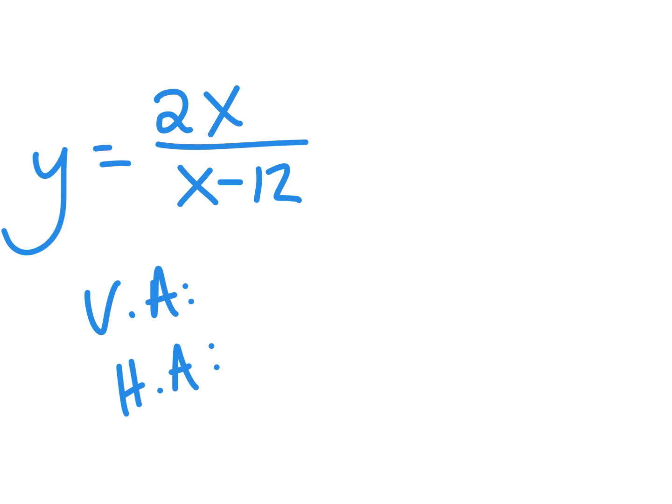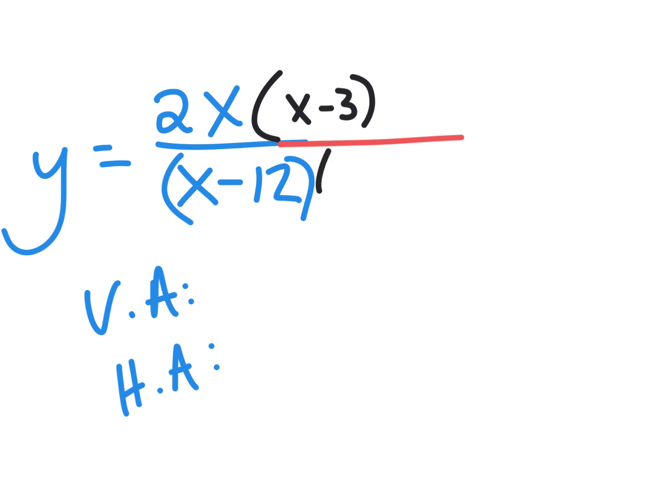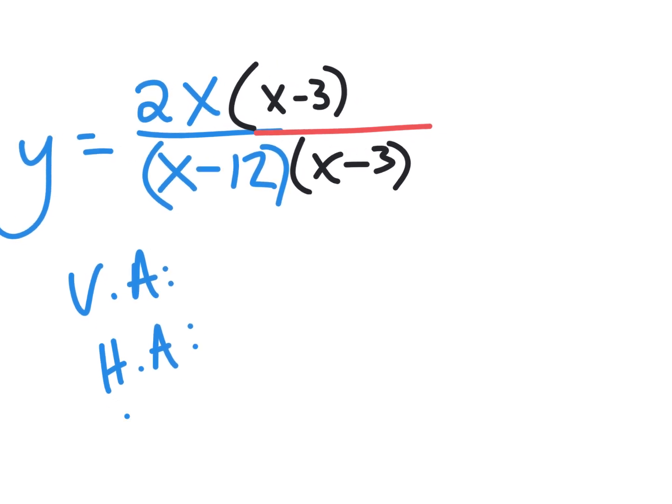Oh, and wait, I'm going to throw in one more thing. X minus 3 and another x minus 3 on the bottom. Correct. I needed there to be a hole. So vertical asymptote, horizontal asymptote, and the hole is where?